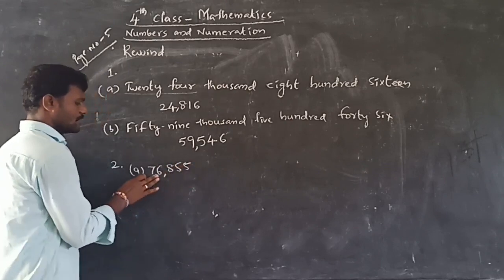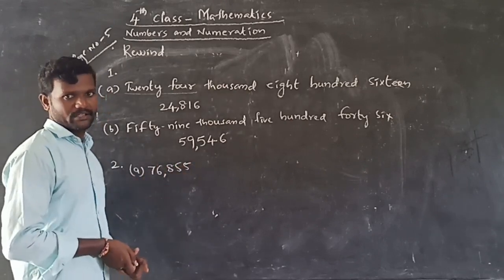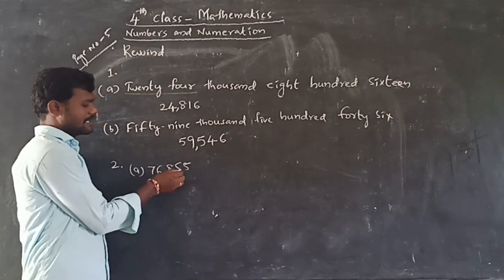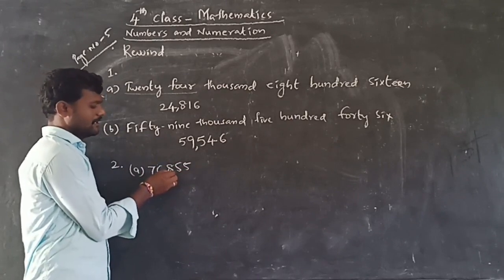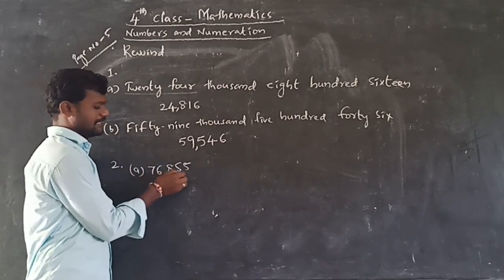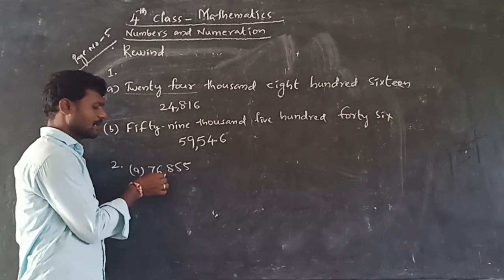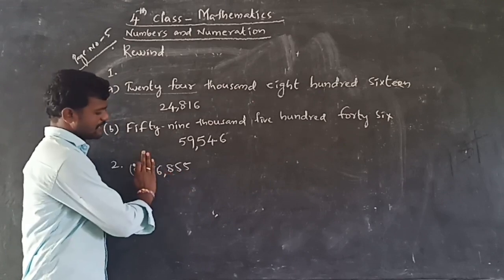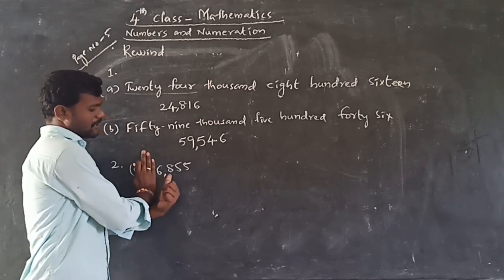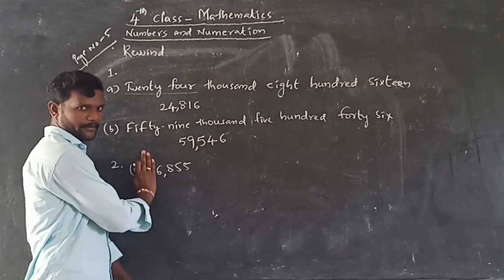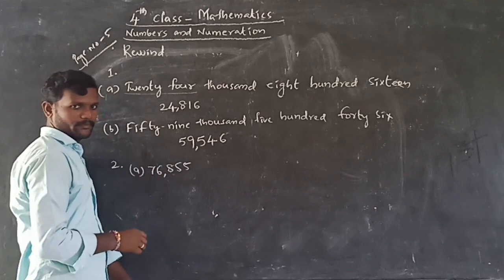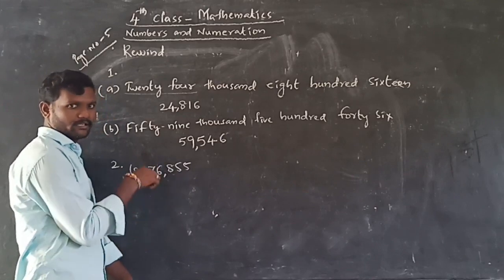76,855. So first read it. How can you read it? Ones, tens, hundreds. So it is 855. This is 855. But again, after hundreds, next thousands. If this is not there, then it is 6,855. But it is also there. 10,000s.